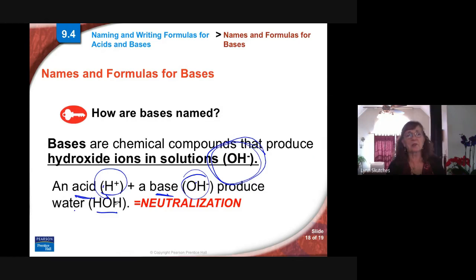You will always have some in a neutralization reaction, and you may not have exactly equal, but we'll talk about titration in May. So hydrogen, hydroxide makes water. Actually, it's a really clever way to think about water as hydrogen hydroxide. It really makes it easier to do these ionic reactions.